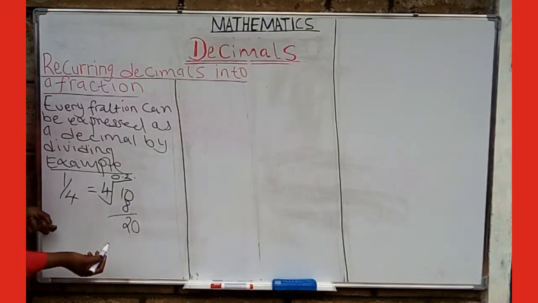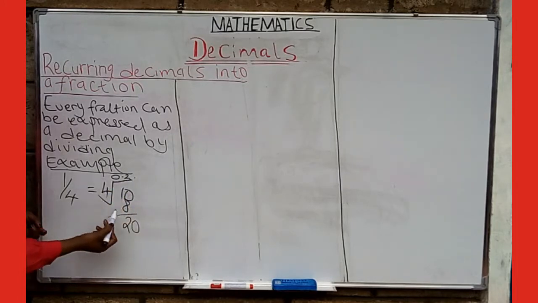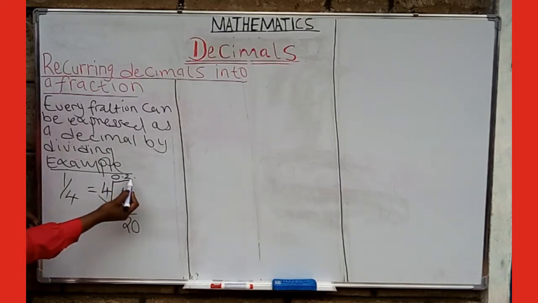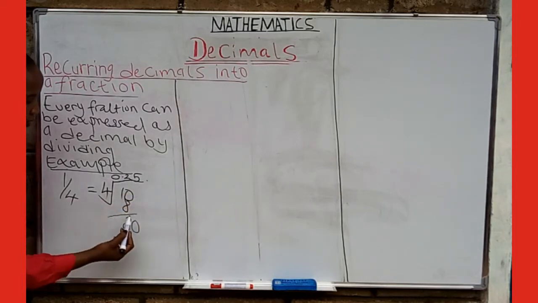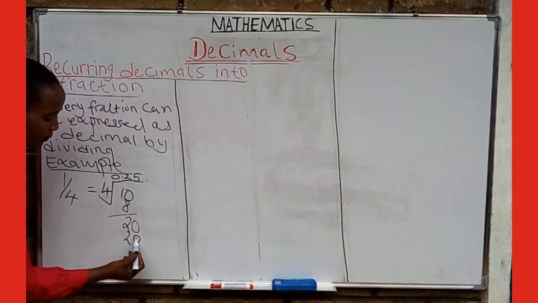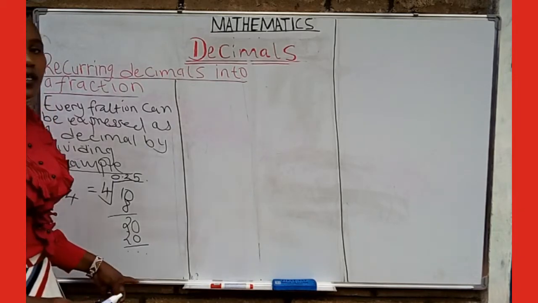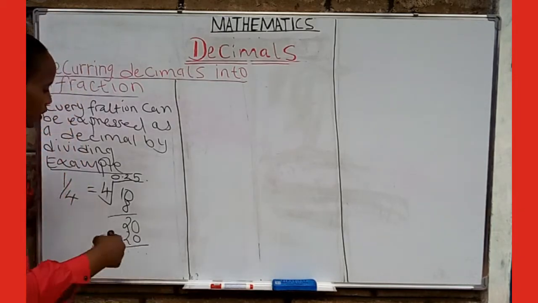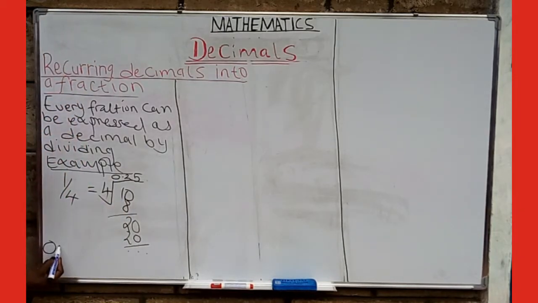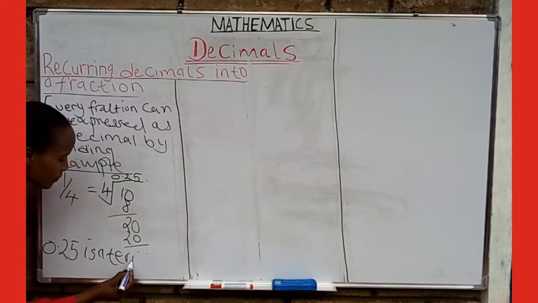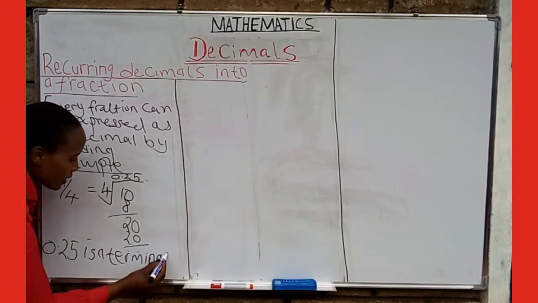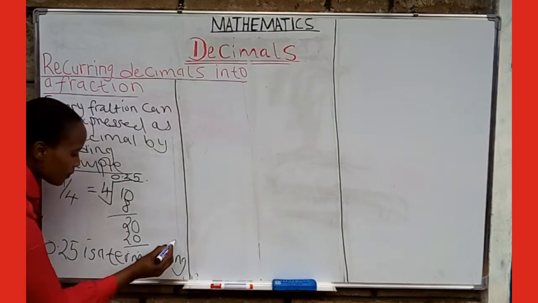So we put another 0 over there. How many times will 4 go into 20? That of course will be 5. I know you know that. And 5 times 4 is 20, and the process terminates at that point. Therefore 0.25 is a terminating decimal.